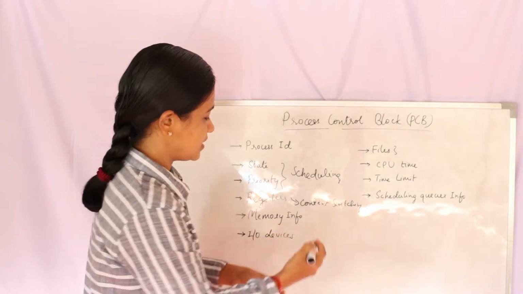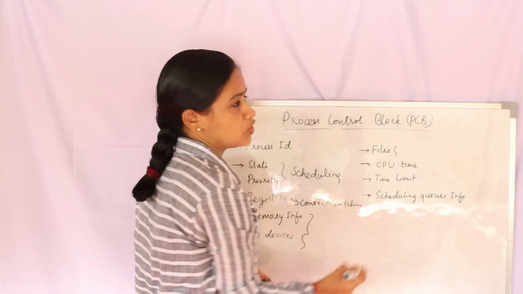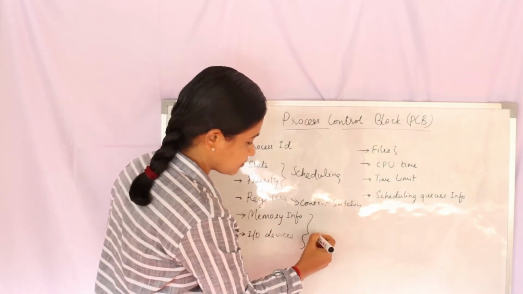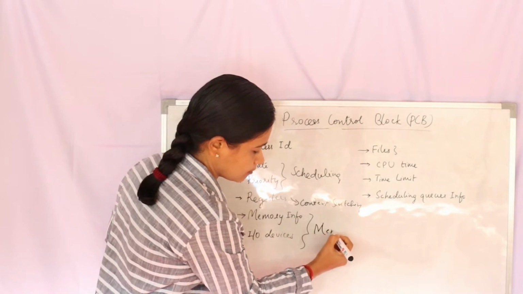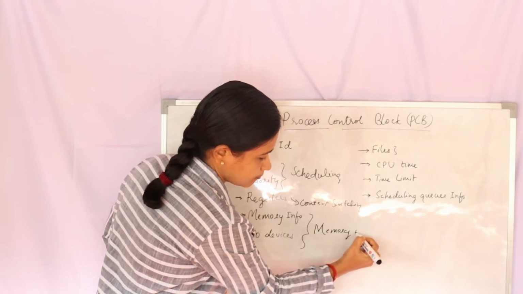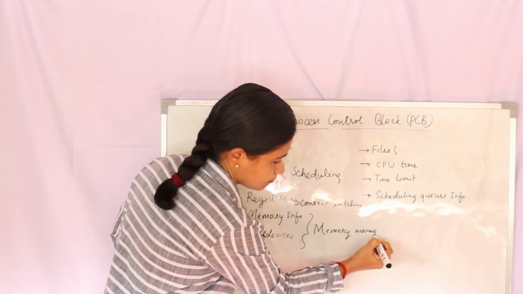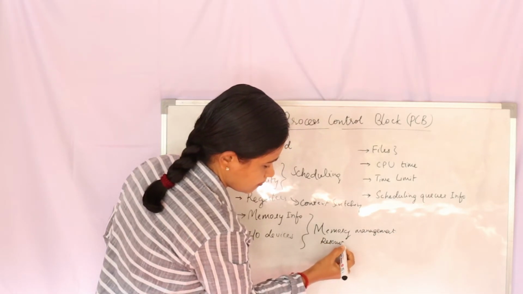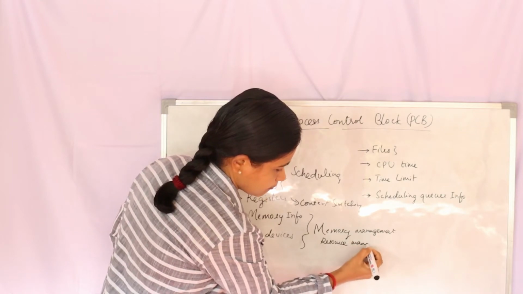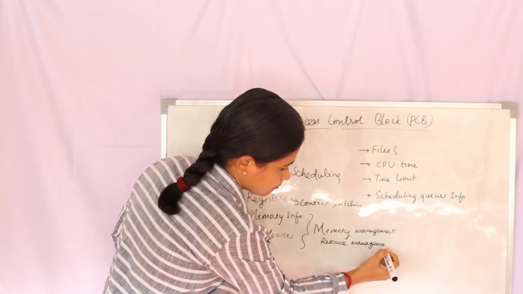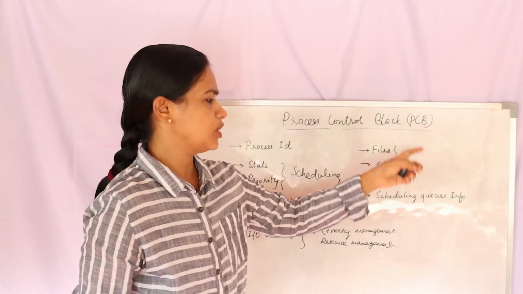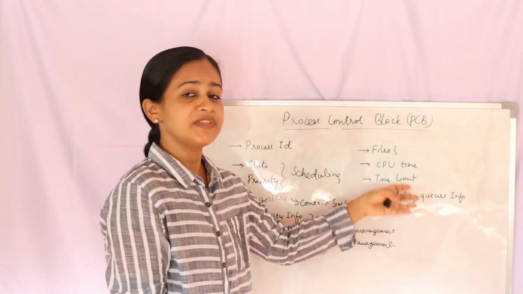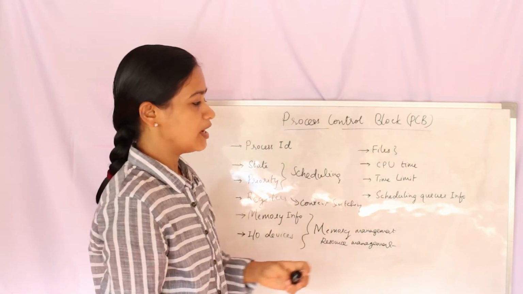So we can say this is resource management or memory management of a process. Then I have CPU time, time limit, scheduling queues. These are again useful in scheduling a process.